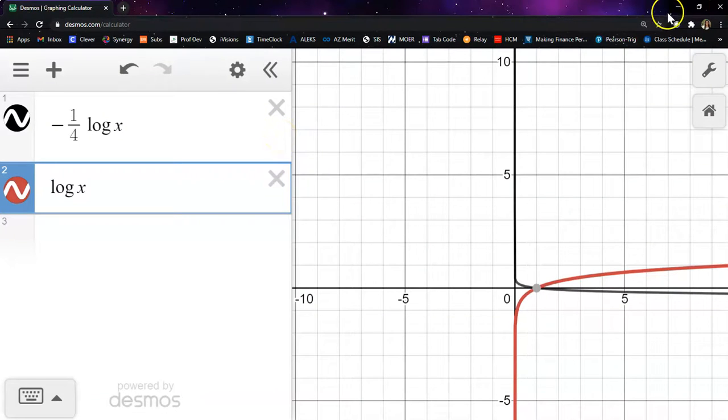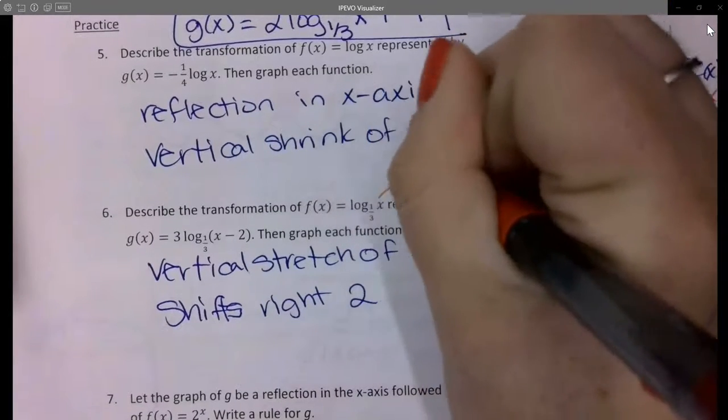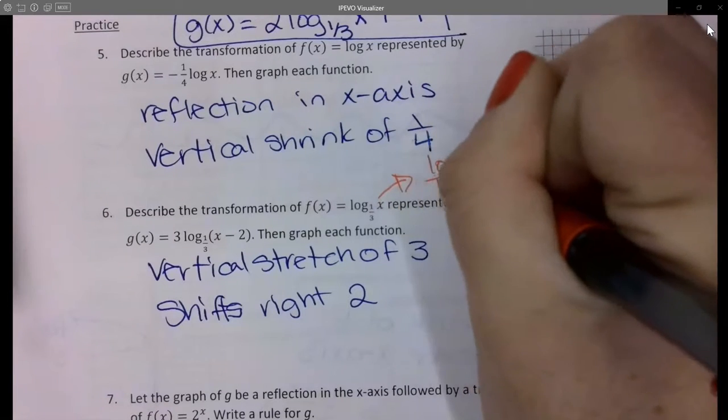Oh wait, this was a log base with a fraction, so to graph this one I want log of x over log of 1/3.